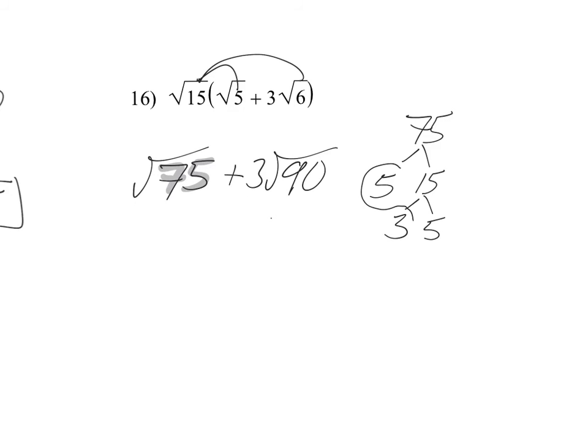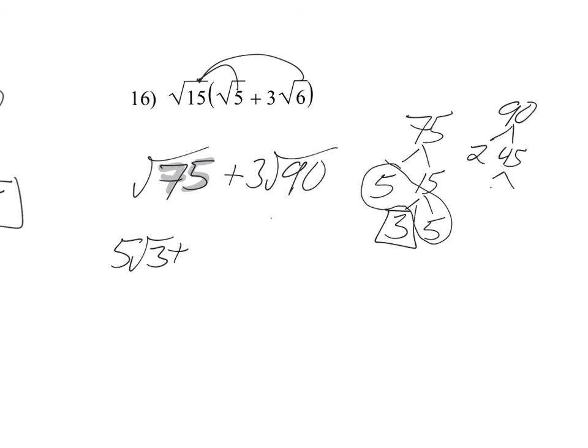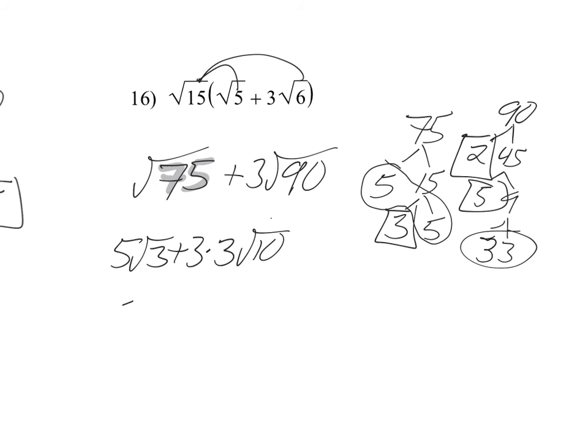So that's a pair of 5s. That 3 is left over. So I have 5 radical 3 plus 90. That's 2 and 45. That is 5 and 9. That's 3 and 3. So that tells me I'm going to have 3 times the 3 that's in the circle, radical 10. So 5 radical 3 plus, not 6, 9 radical 10.